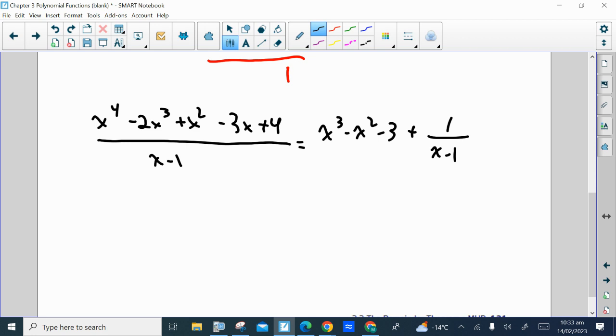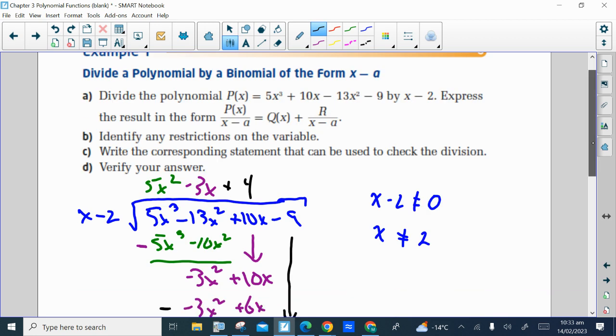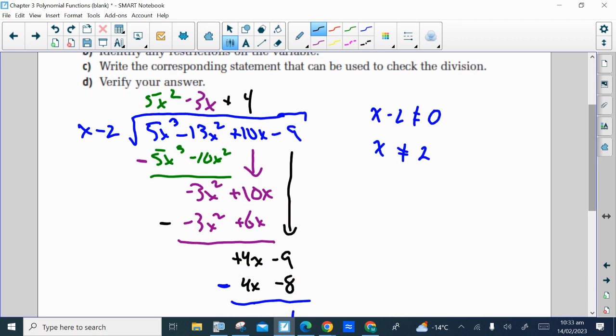Now, before I finish this off, I just want to back up to the previous question and talk about one thing. Talk about why we had to rearrange it so that it was an order of descending power. The reason you needed this negative 13x squared as your second term is because when we multiplied by what's on top and what's in front, you got a negative 10x squared there.